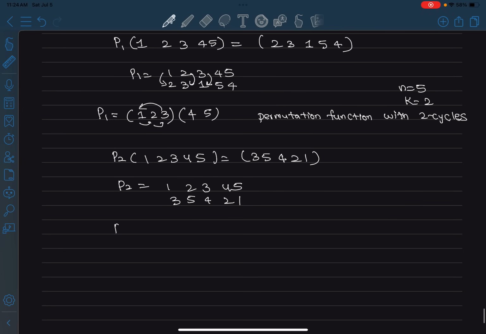So in cycle notation, 1 first goes to 3, 3 goes to 4, 4 goes to 2, 2 goes to 5, 5 goes to 1. So this is just one cycle. So this is just a permutation function with one cycle.